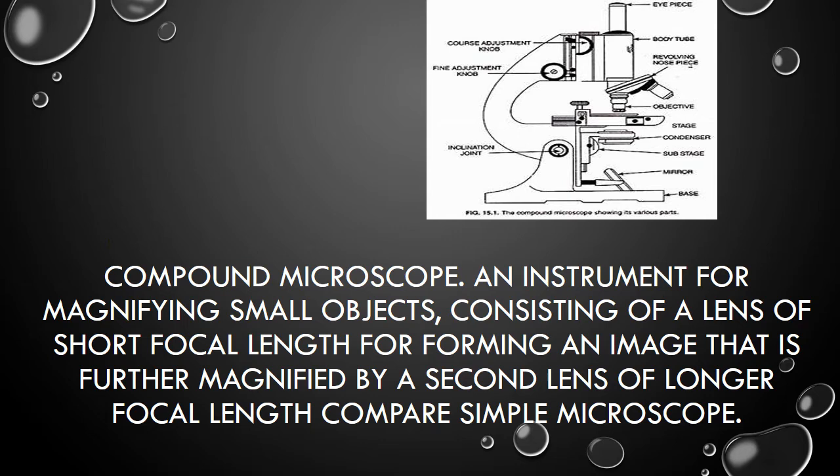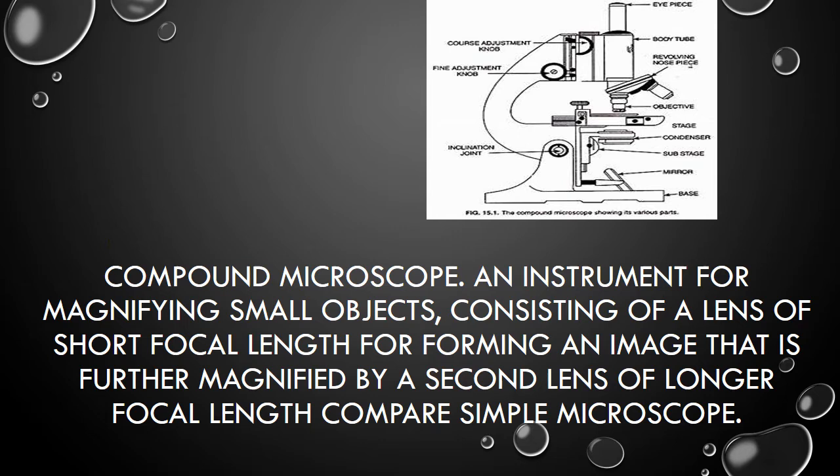There are two knobs: one is known as the coarse adjustment and the second one is the fine adjustment. This one is called the base of the microscope. Here is a lamp to give the light.